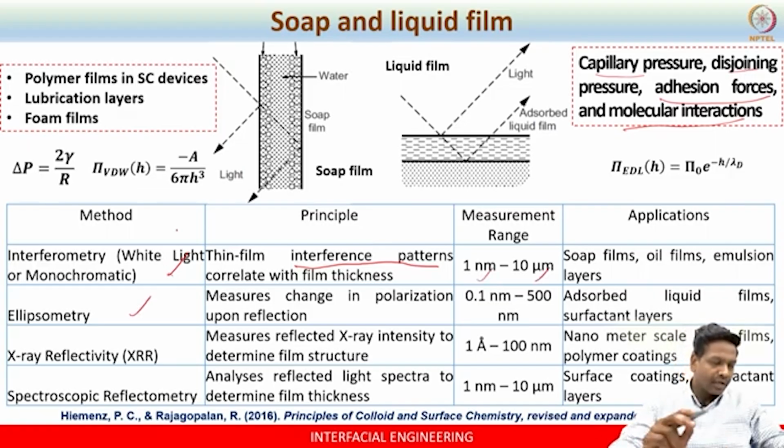In the case of ellipsometry, what we basically do is we measure the change in the polarized light of reflected light. Basically it records the amplitude change and the phase change of the polarized light, based on which you can get several pieces of information like film thickness, refractive index and surface interaction.